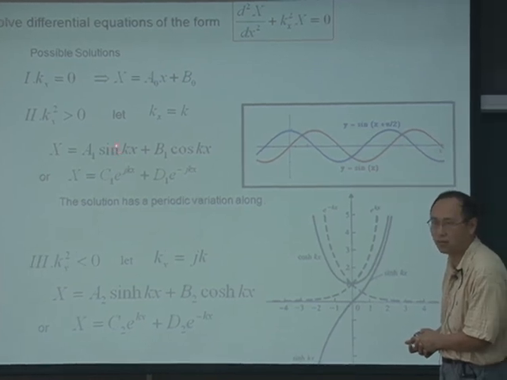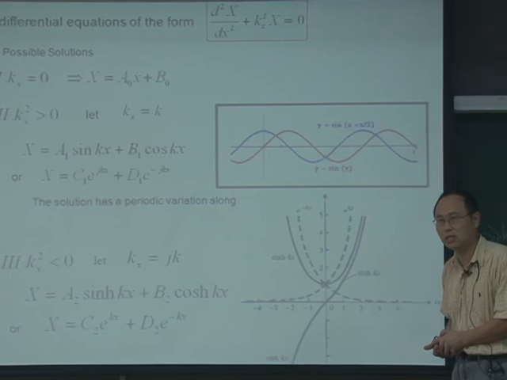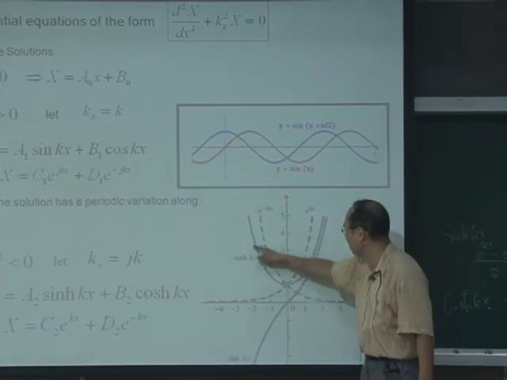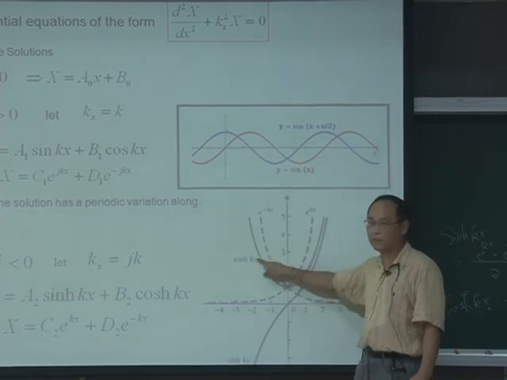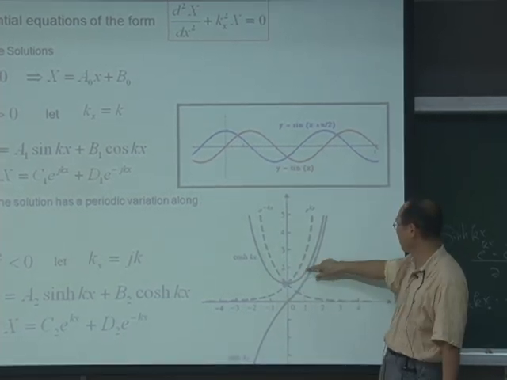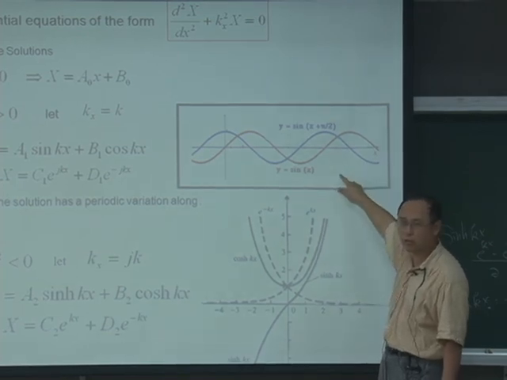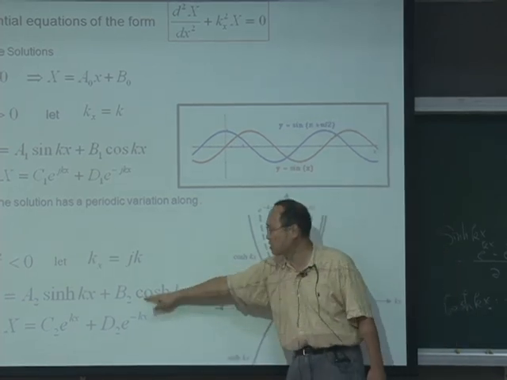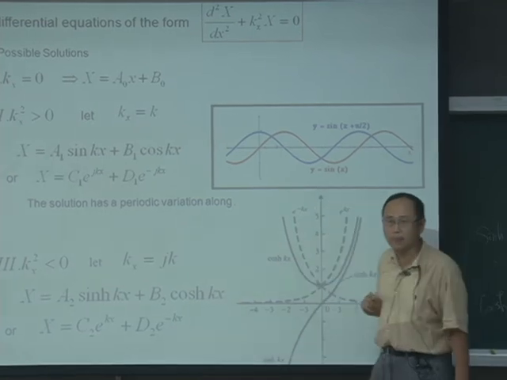OK，所以你必须小心地选择这个解。那对 cosh 来讲的话，you follow this curve. It's an even function. Okay, and when x approaches infinite, its value also approaches infinite. So if you try to figure out the electric potential, including a region at infinite, then you cannot use this solution.